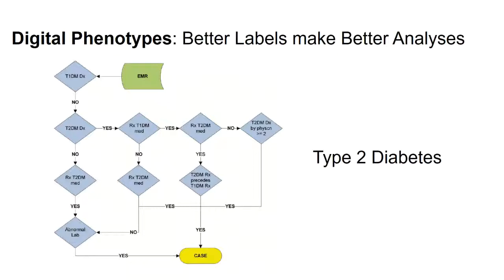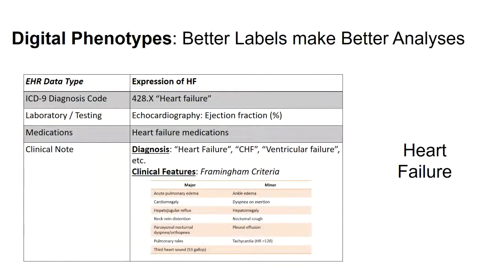And if they don't have multiple physicians corroborating that diagnosis over time, you are less confident in that diagnosis. So the number of times that a diagnosis is made is also valuable information as to the confidence in your label, type 2 diabetes. Heart failure is another example. You can look at lab values, medications, clinical notes and diagnosis codes.